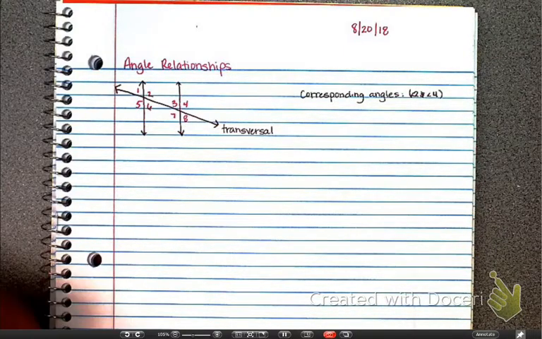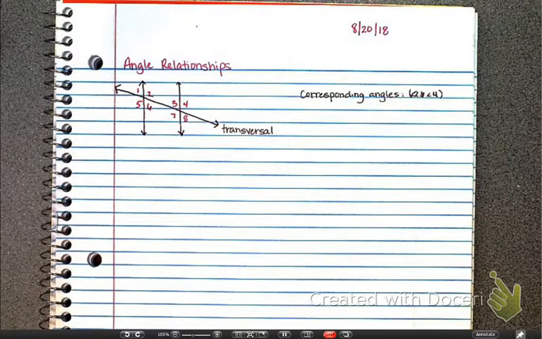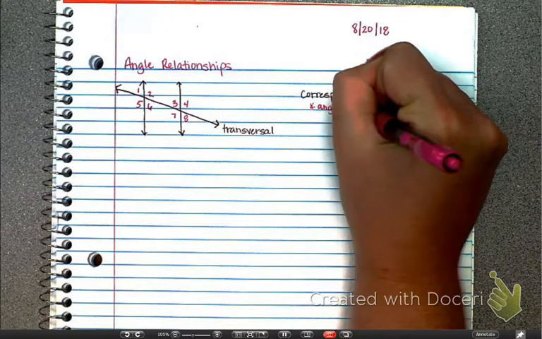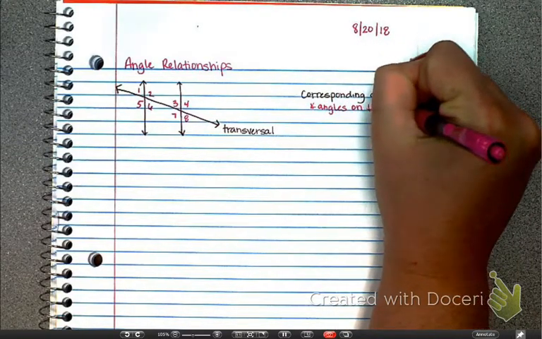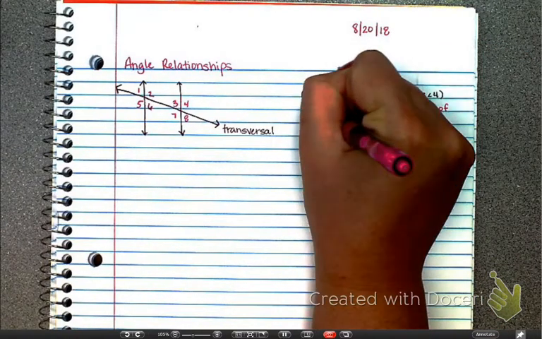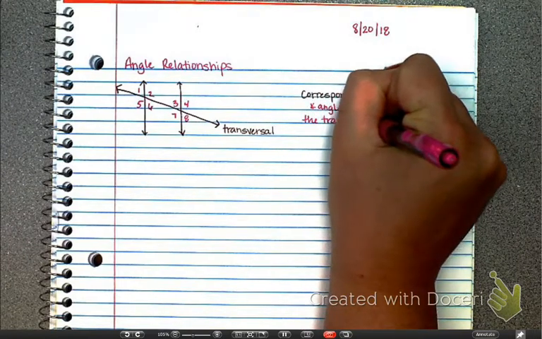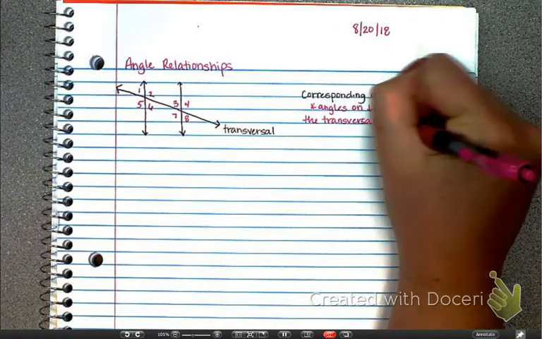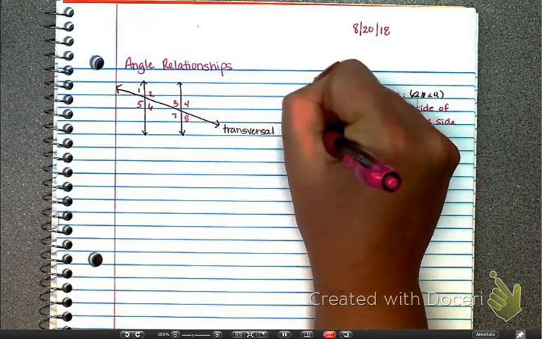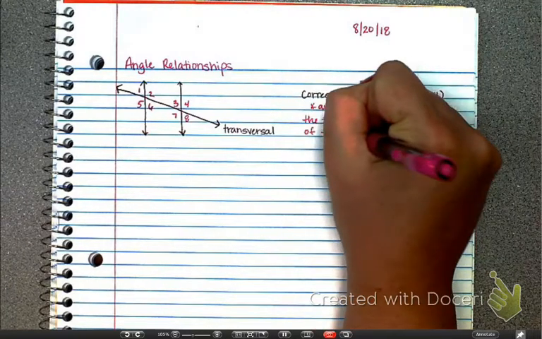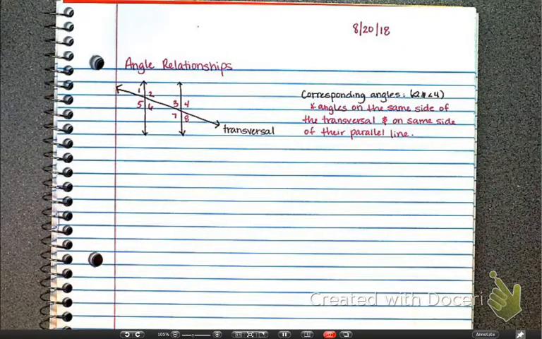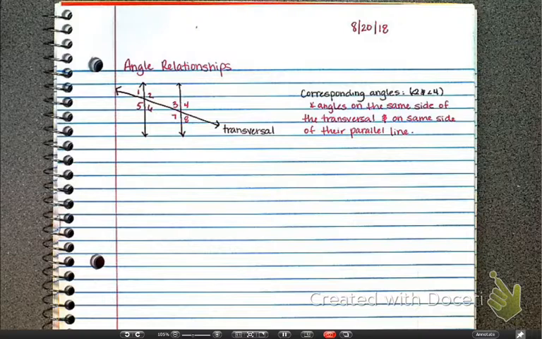Okay. So here's the definition of corresponding angles. They are angles on the same side of the transversal and on the same side of their parallel line.